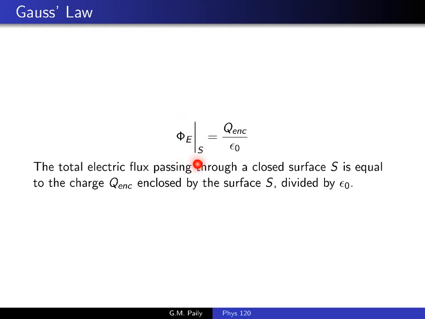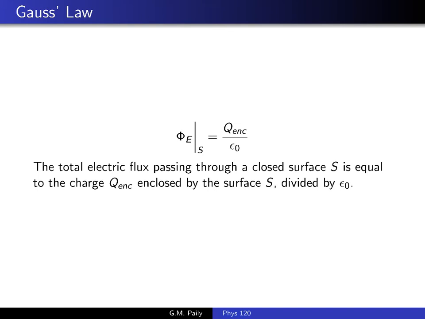And so we are evaluating the electric flux on a closed surface S. This expression is equal to the charge enclosed, Q enclosed by the surface S, divided by the constant epsilon naught. That is the statement of Gauss's law.